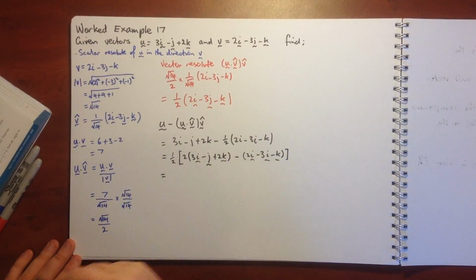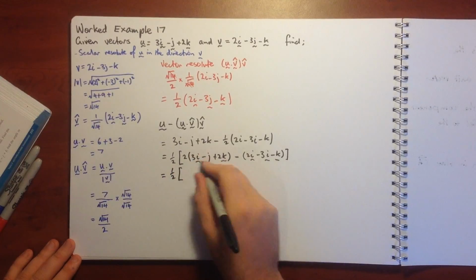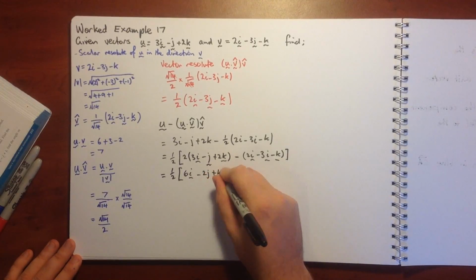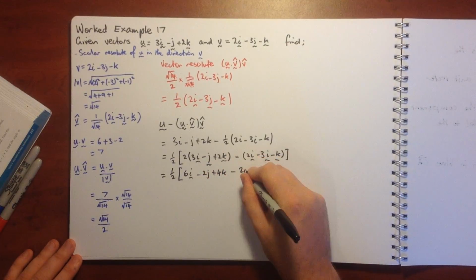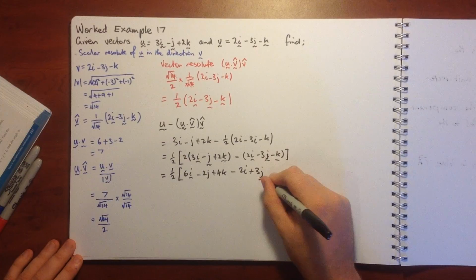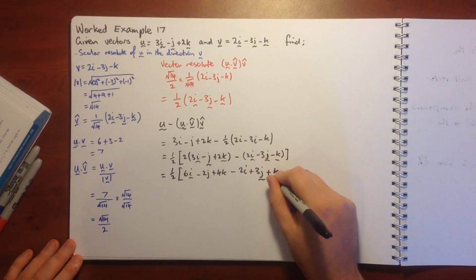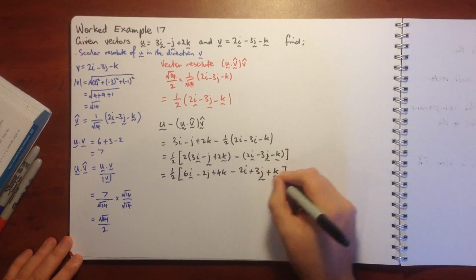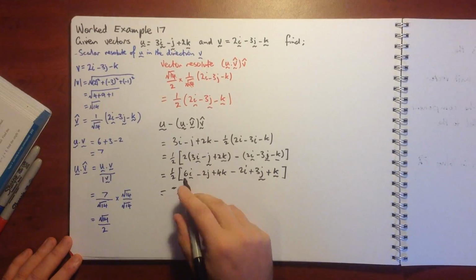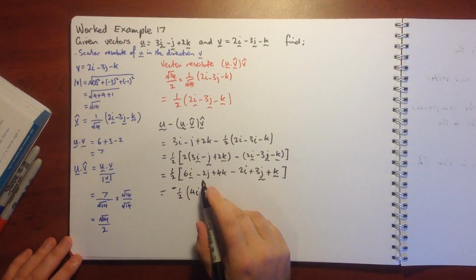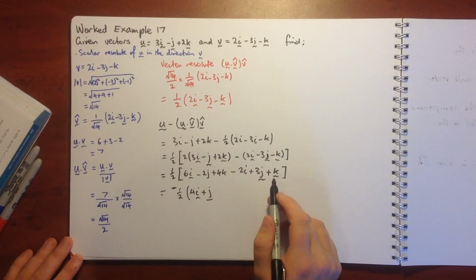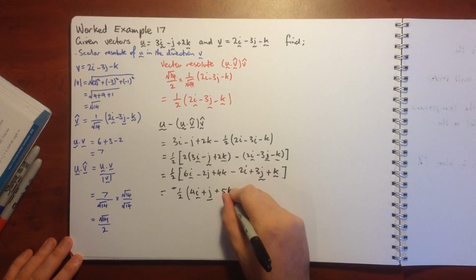Okay, so you can keep going here, and we can multiply out this to give us 6i take 2j plus 4k minus 2i plus 3j, plus k, which means we get a half outside of 6i take 2i is 4i, minus 2j plus 3j will be 1j, and 4k plus k will give us 5k.